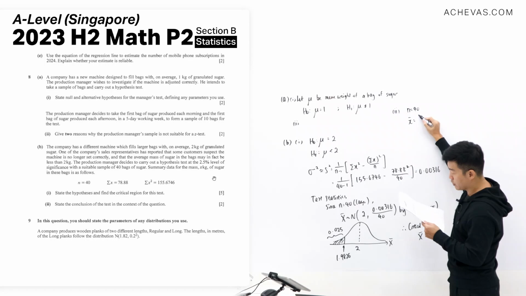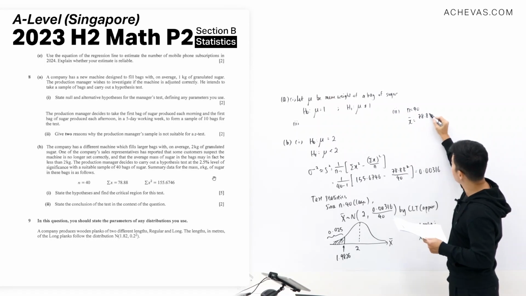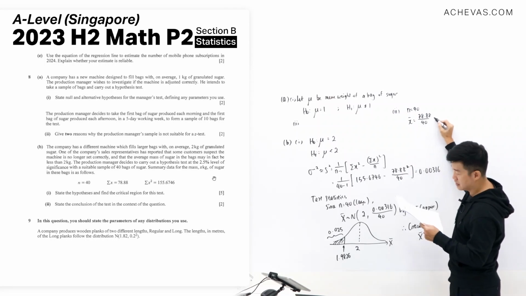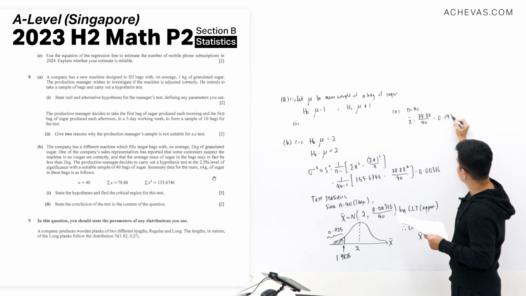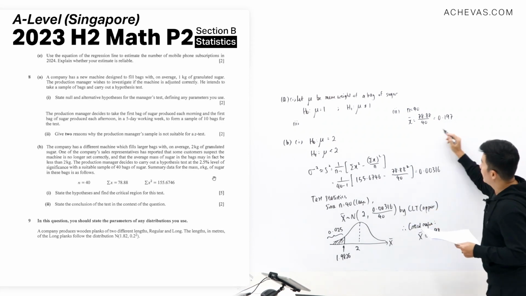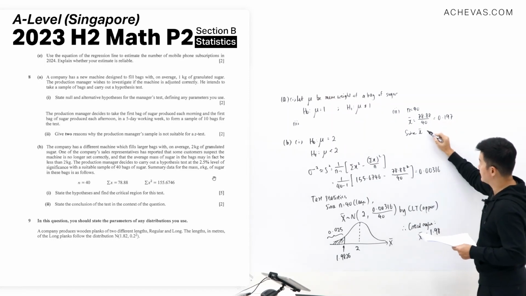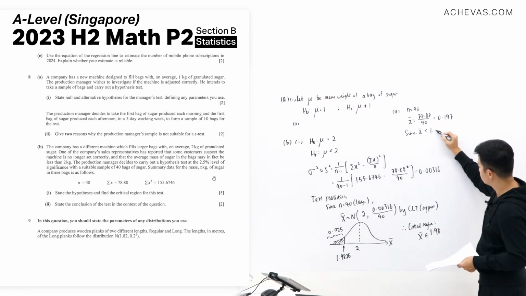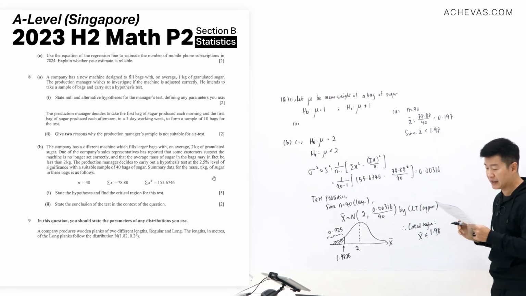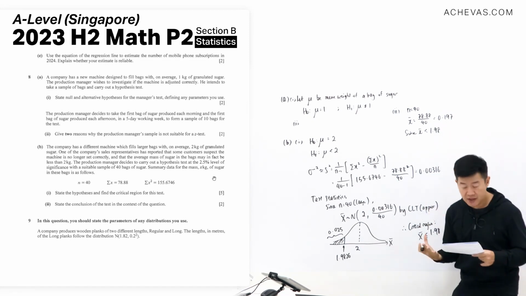This sample mean will be 78.88 divided by 40. This is 0.197. And since x bar here, which is 0.197, is less than 1.98, it is within the critical region.